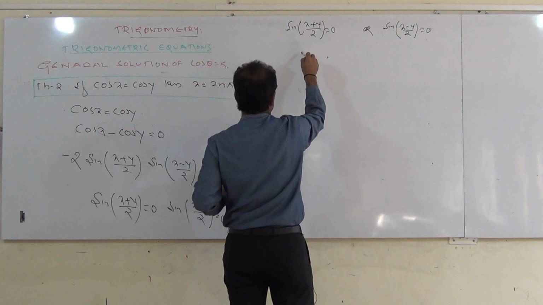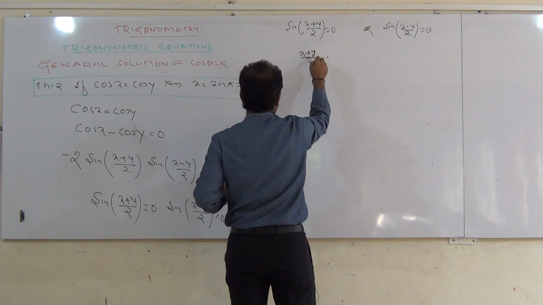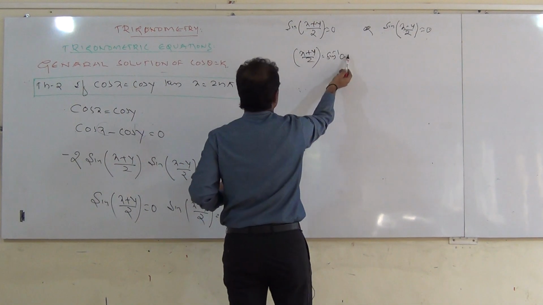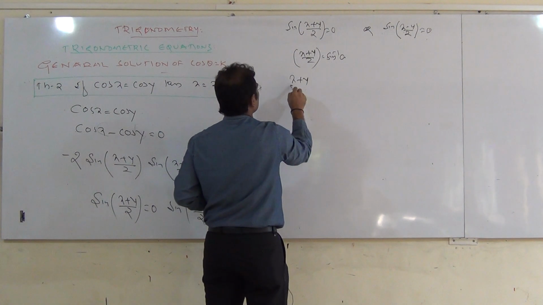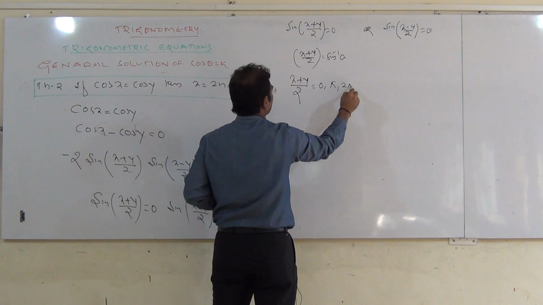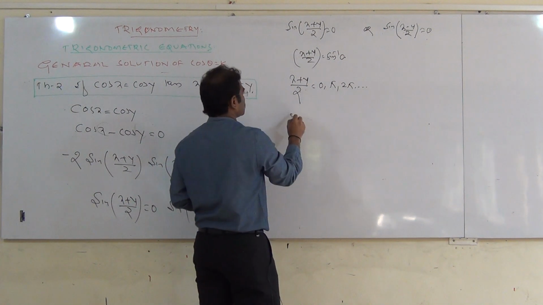It means that x plus y by 2 is equal to sine inverse of 0. When will the sine be 0? 0, pi, 2 pi, and so on.